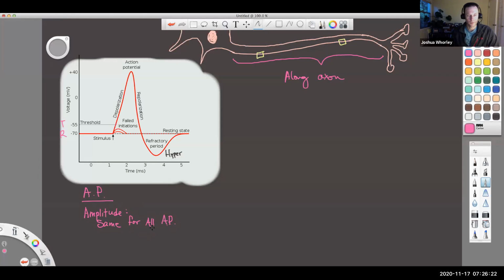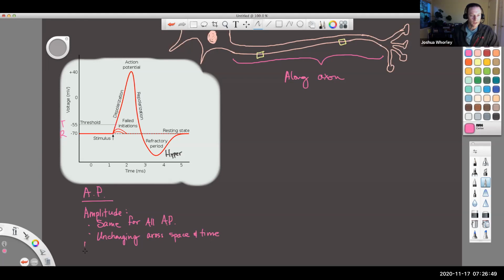It might be different for different cells, but within a given cell, the amplitude is always the same. Another way of saying that is it's unchanging across space and time, right?